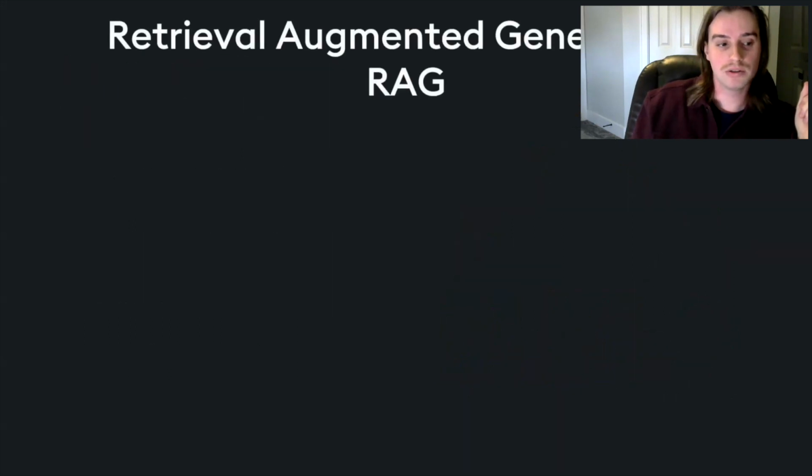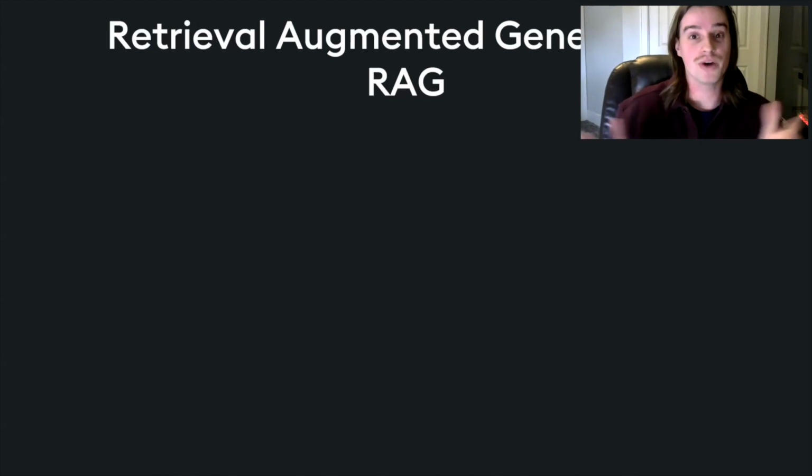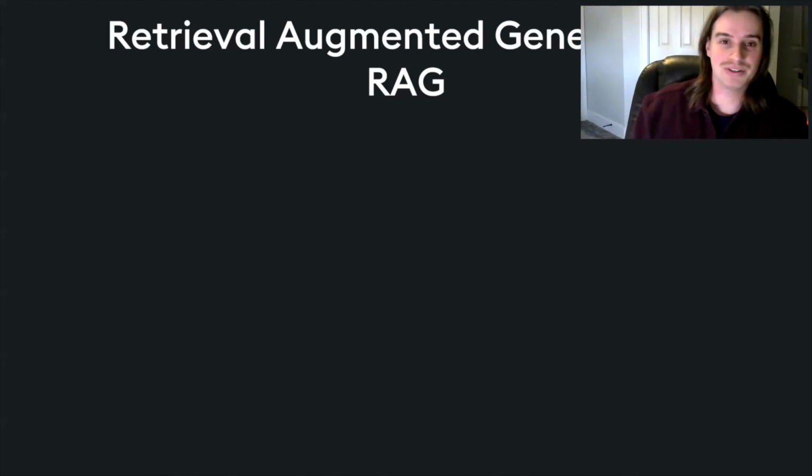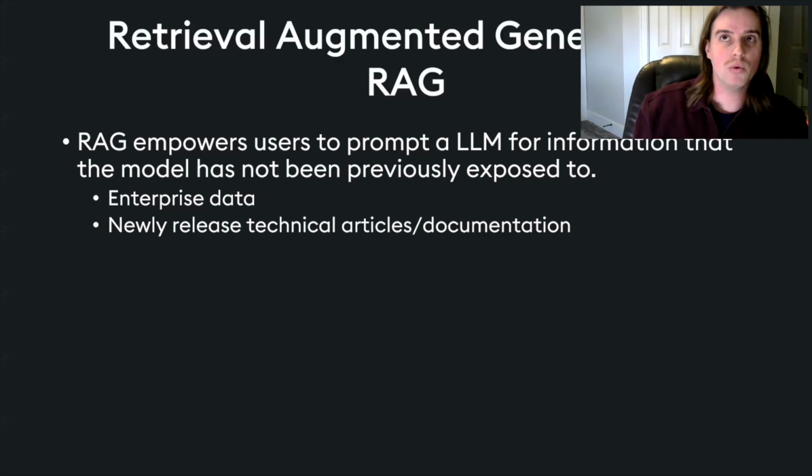All right, so the last concept I'm going to dive into today is retrieval augmented generation, otherwise known as RAG. You might have seen something about this on LinkedIn or heard some people talking about it as it relates to generative AI. Large language models are really powerful and really useful. But the thing is, they weren't trained on our own personal data.